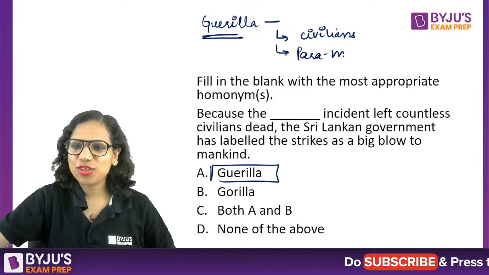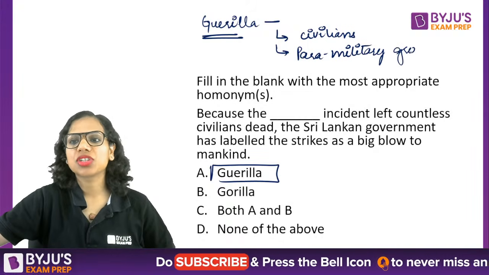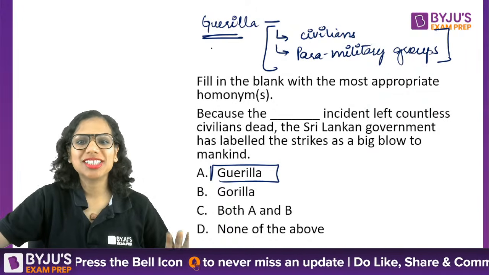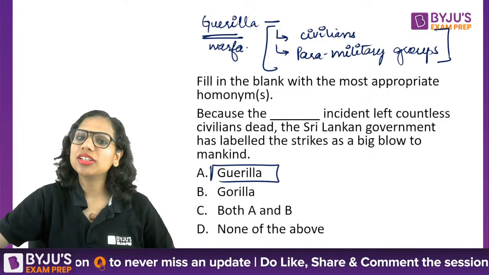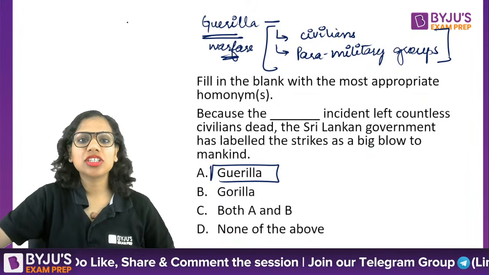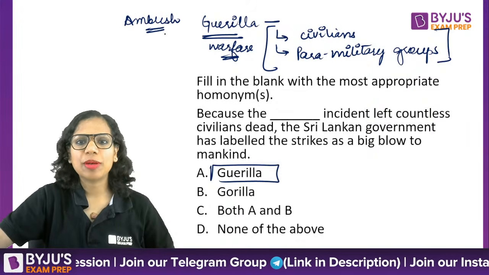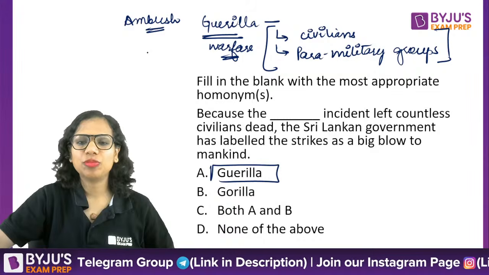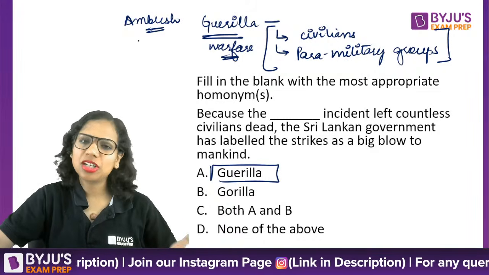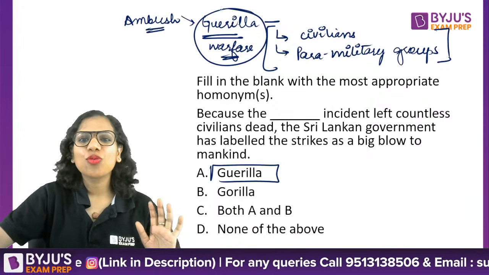These are small groups whom you don't expect to actually indulge in a warfare. And what are the tactics that are employed? Surprise tactics. So for instance, ambush. You conceal yourself, you camouflage yourself, and then you wait for the enemy and suddenly attack. Then there are a couple of other tactics also, but these are a part of guerrilla warfare.